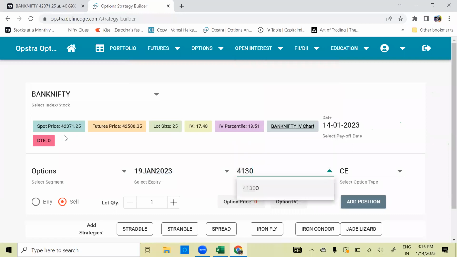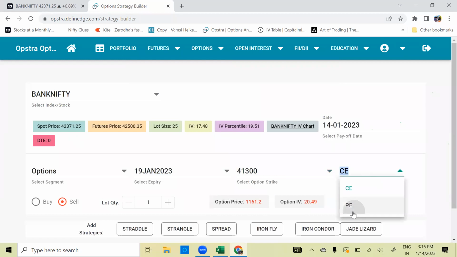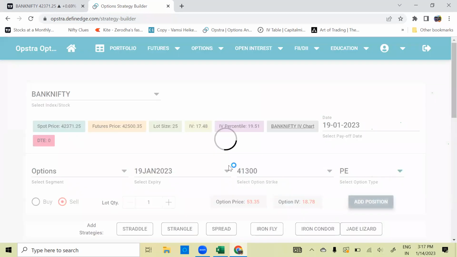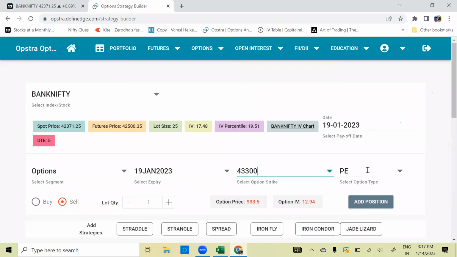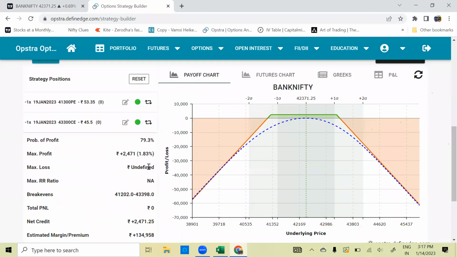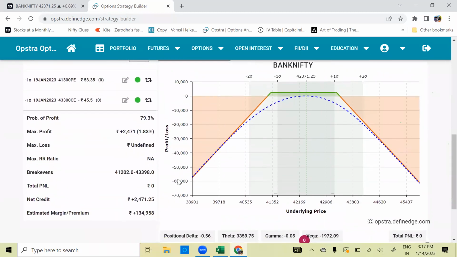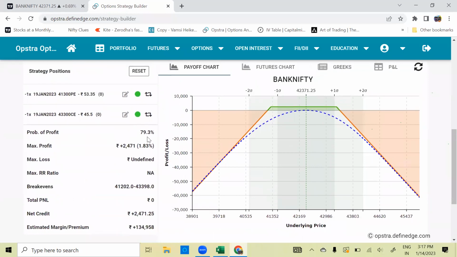So I am taking 1,000 points away. 41,300 put, I sold. 43,300 call, I sold. So I am able to make money with 80% probability of profit.